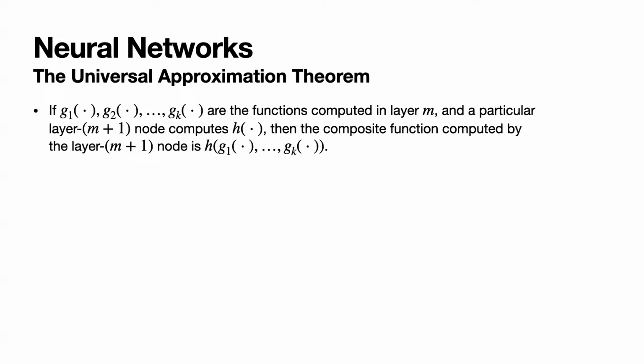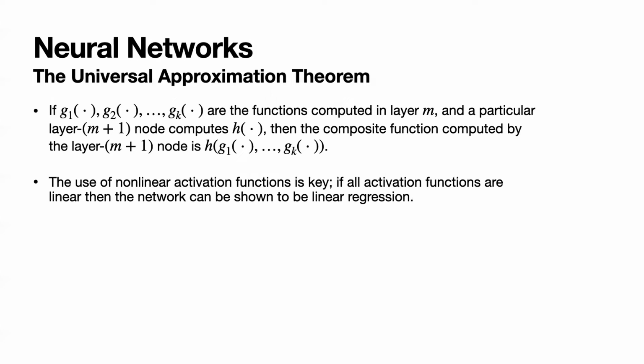And a particular node H in the next layer is the activation function at one of the nodes. H is taking as input a vector, and each entry in that vector was the output of another function. So it's a composite function, right?